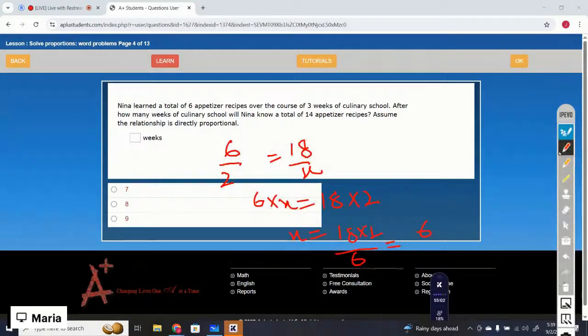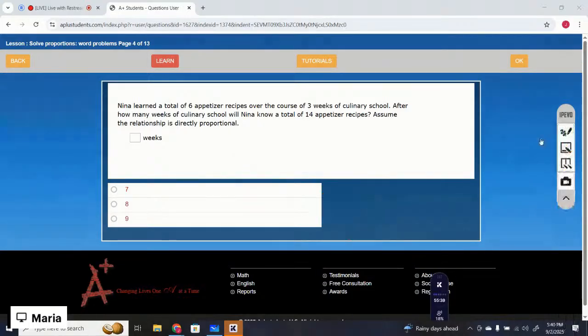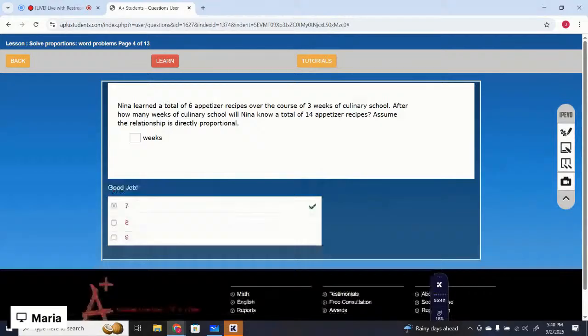After how many weeks of culinary school will Nina know a total of 14? That is 14 times 3 over 6. 3 times 2 is 6, 2 times 7 is 14. The correct option is 7. Option number 1 is the correct option.